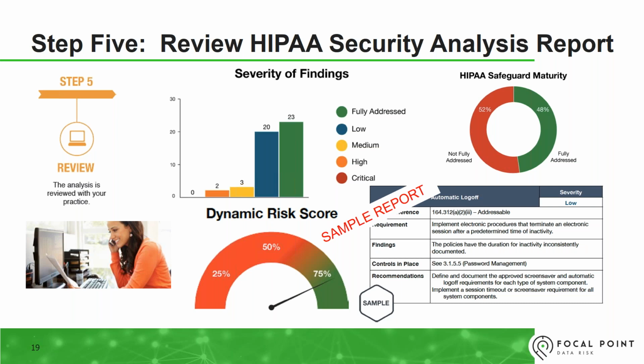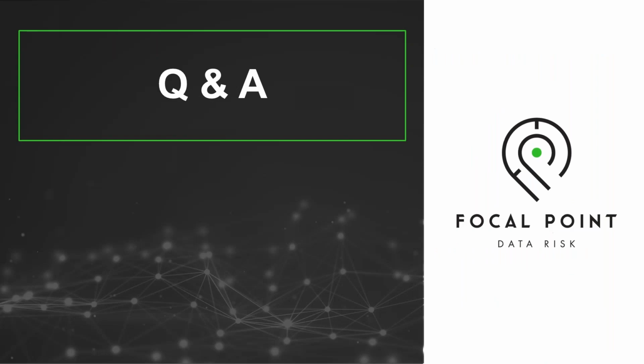And we provide you with recommendations on areas that can be enhanced or implemented to further drive up the dynamic risk score. So it's a robust platform that's very efficient. You get the HIPAA compliance experts' involvement at a very reasonable price.